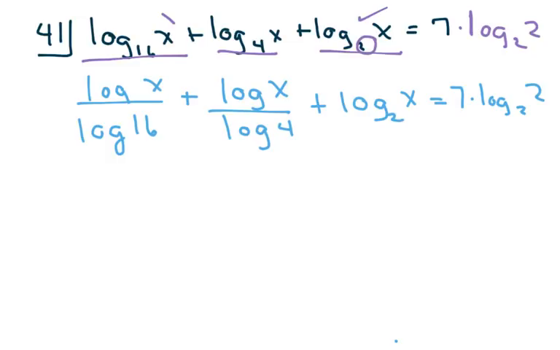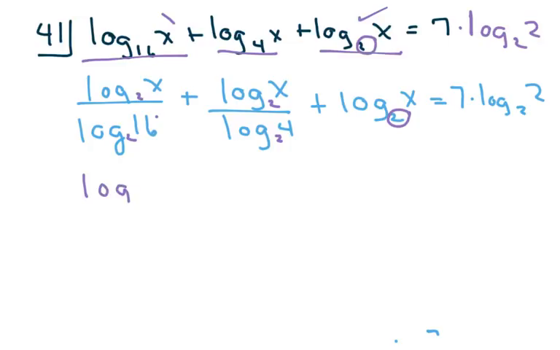Now, I'm going to go ahead and change my bases. I want my base to be 2. You always want it to be smaller, just like we did with the exponents. So I'm just going to put 2 here. I can pick whatever I want; I just want them all to be the same. I'm also going to change this to 2 squared, so I'm going to do another line here.